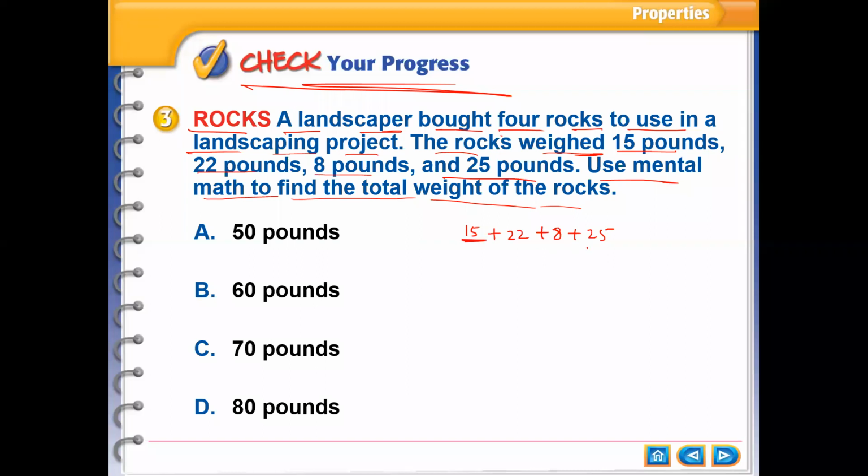Means you will add 15 with 25, then 22 with 8. So it will become 40 and 30. Sorry, the answer is 70 pounds. C is the right answer. Is it clear?